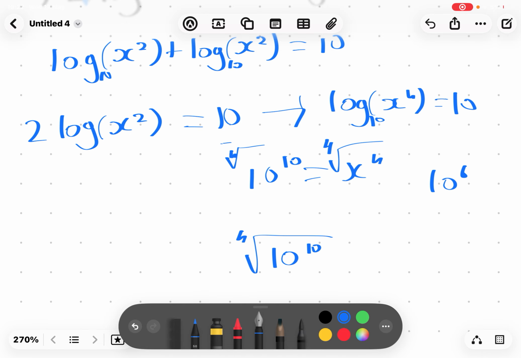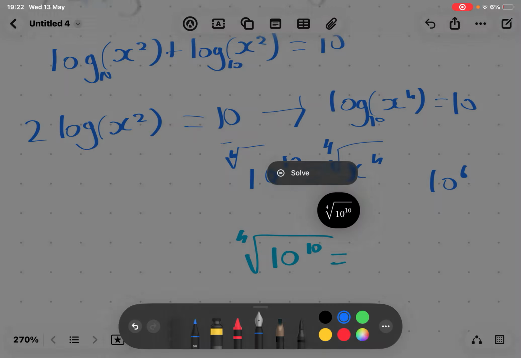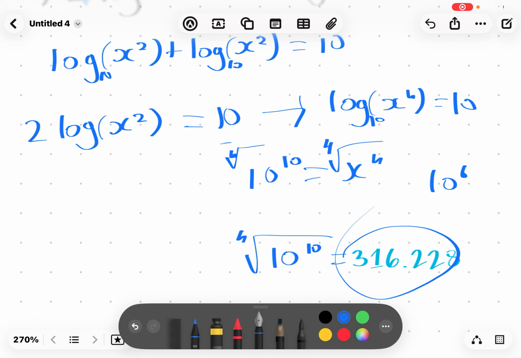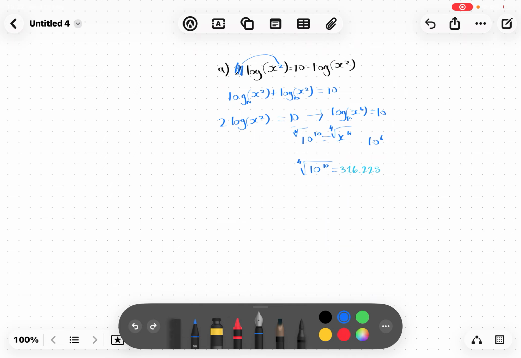No, guys, you have to input exactly only this in your calculator, because otherwise it's going to show you a different number. I'm not sure why, but that's just how it is. And the answer of this is, what is it? Yeah, this is actually right. So that is the first one.